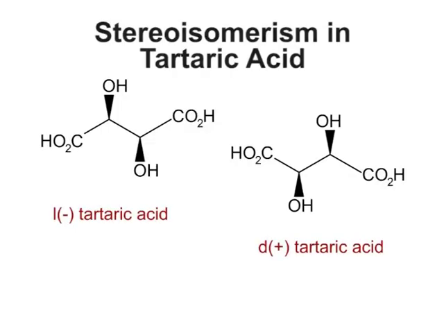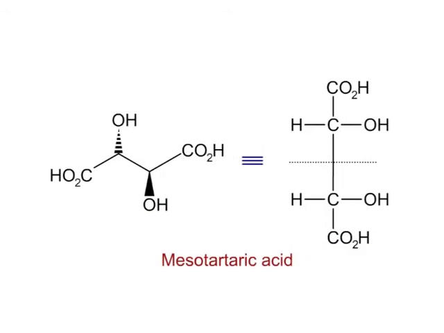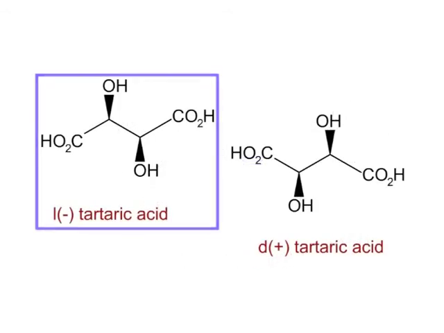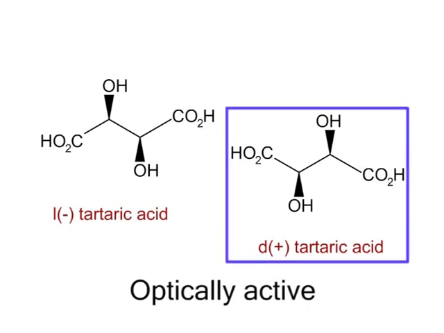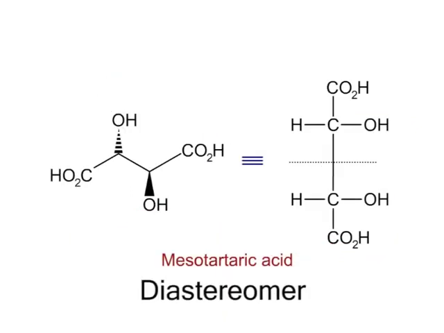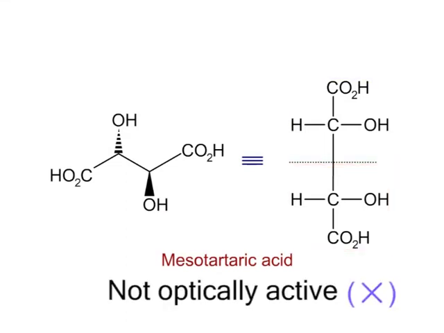Stereoisomerism in tartaric acid. Compounds which contain 2 asymmetric carbon atoms and are of the type C-ABC-C-ABC exist in only 3 isomeric forms. 2 of these are non-superimposable mirror images of each other and are optically active, and the third, a diastereomer of the first 2, contains a plane of symmetry, is superimposable on its mirror image and is not optically active.